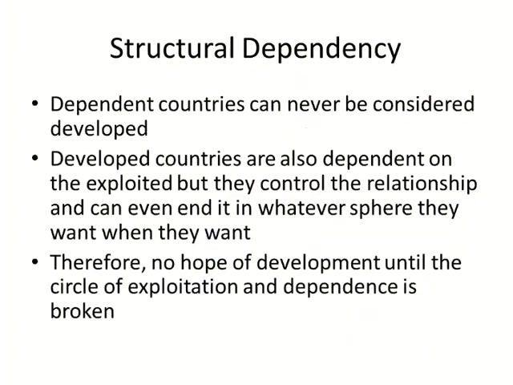So any country that is dependent can never be considered developed. Developed countries are also dependent on the exploited in a way, because they depend on us for their raw materials, but they control the relationship and can even end it in whatever sphere they want, when they want. Therefore, there's no hope of development until the cycle of exploitation and dependence is broken.